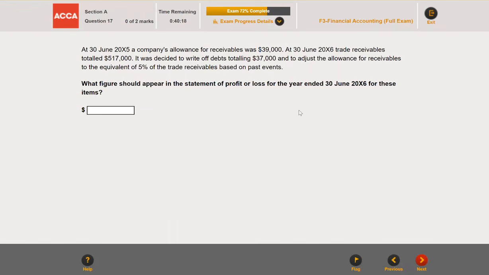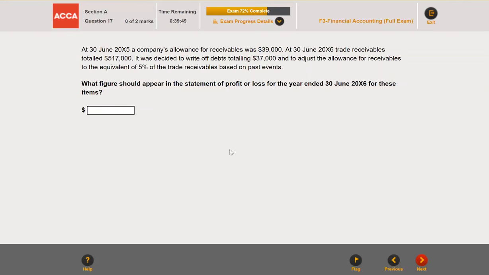What figure should appear in the statement of profit or loss for the year ended 30th June for these items? At 30th June 2015, a company's allowance for receivables was 39,000, and at 30th June 2016, the trade receivables totaled 517,000. It was decided to write off debts totaling 37,000 and to adjust the allowance for receivables to the equivalent of 5% of trade receivables based on past events.